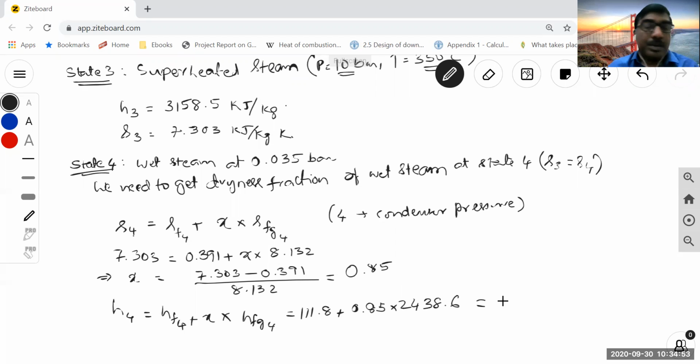This is equal to 2186 and 2184.61. Again, kilojoules per kg.